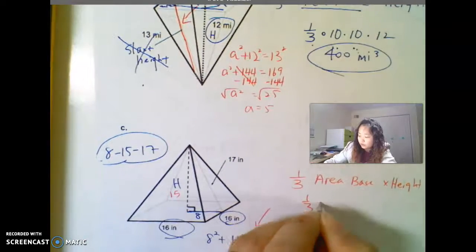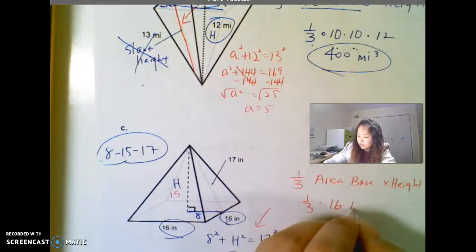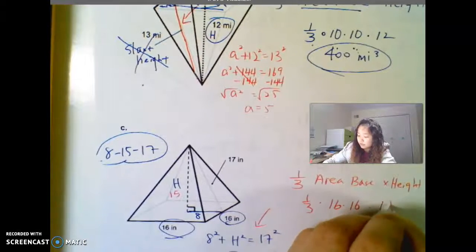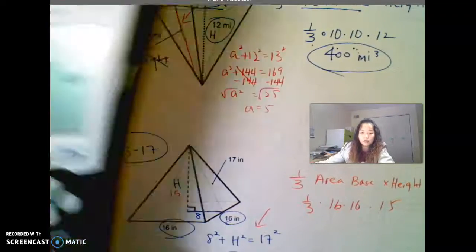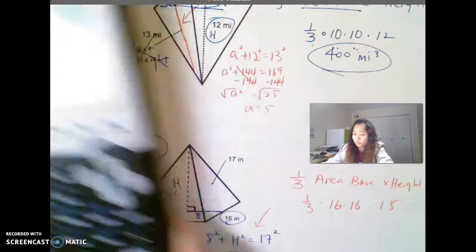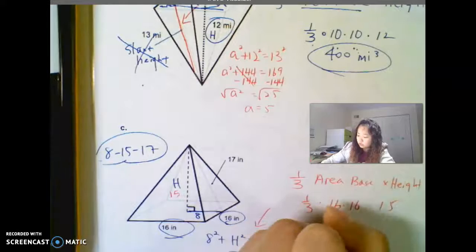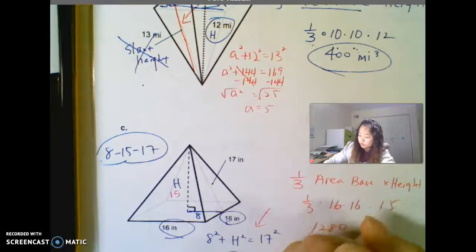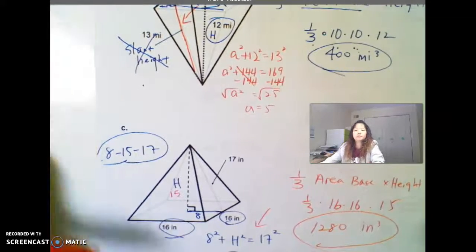So 1/3, 16 times 16 times 15. Wow, it's a terrible 5. 1/3 times 16 times 16 times 15 is 1,280 cubic inches.